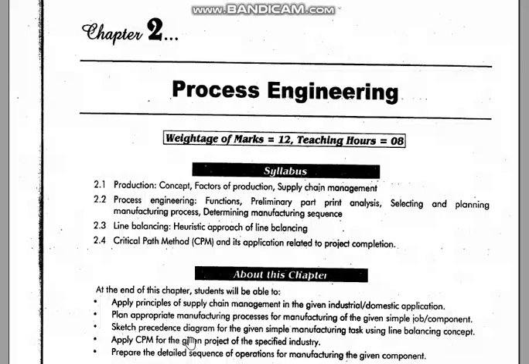You'll be able to sketch precedence diagram for the given simple manufacturing task using line balancing concept, apply the critical path method for the given project of the specified industry, and prepare a detailed sequence of operations for manufacturing the given component.